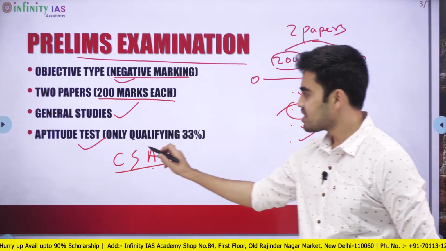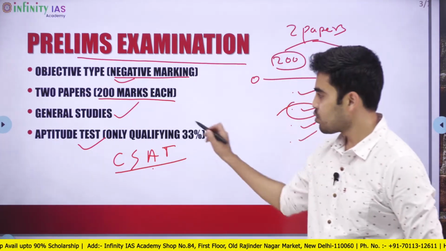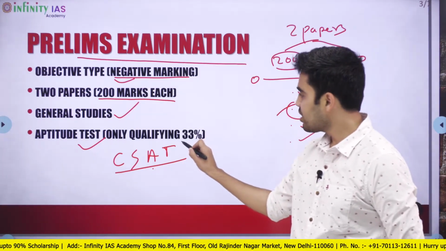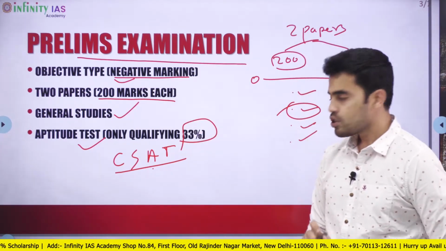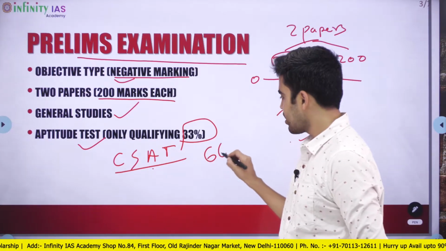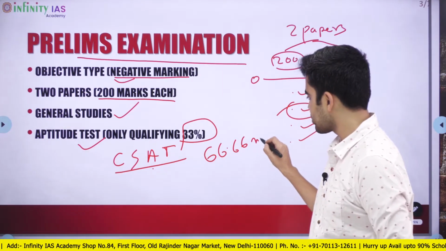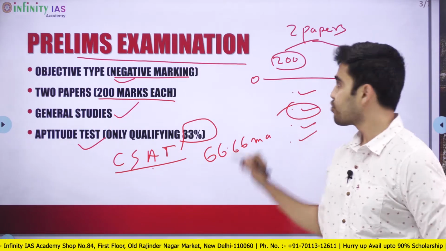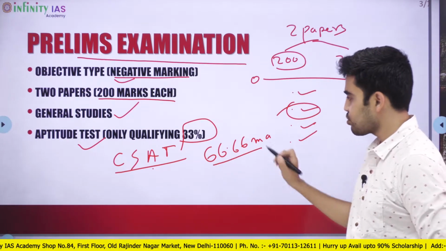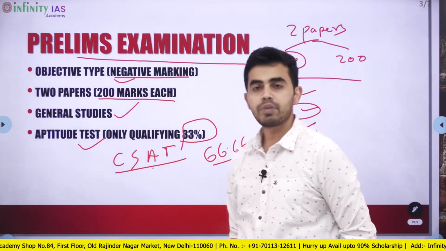Here the Civil Services Aptitude Test is only qualifying and we need to get 33%. That means we have to get 66.66 marks. 33% of 200 marks is 66.66 marks in the second paper.